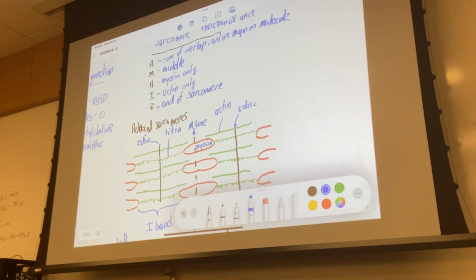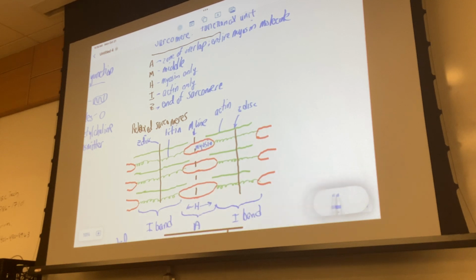So the idea here is that the troponin and tropomyosin portion of the molecules, those proteins there, sit on actin. Their job is to sit on actin, and when they're on one part of the actin molecule, there's no contraction, and when they move, there is a contraction. So they're the light switch of a muscle contraction.